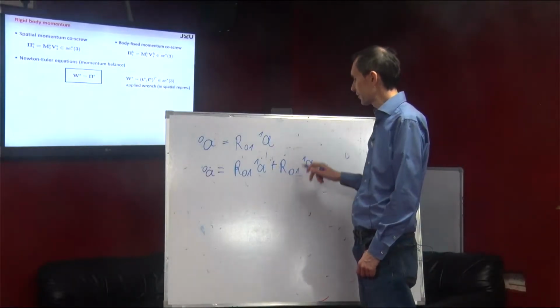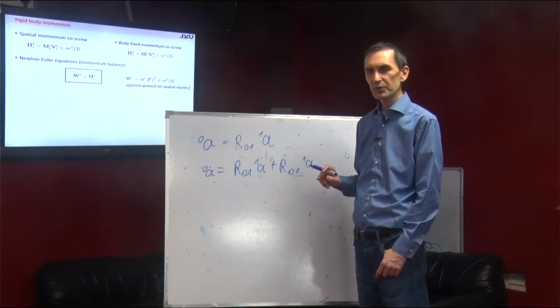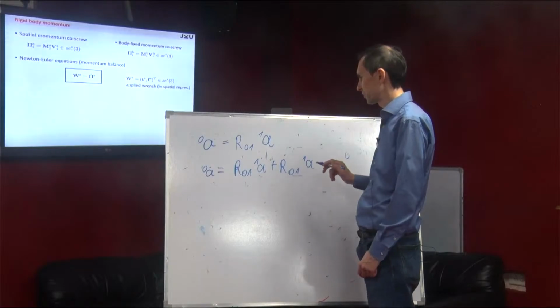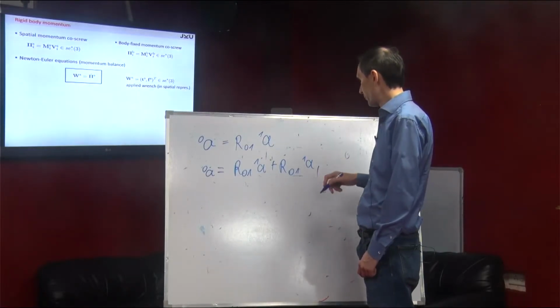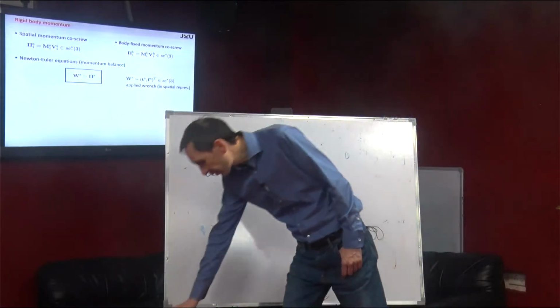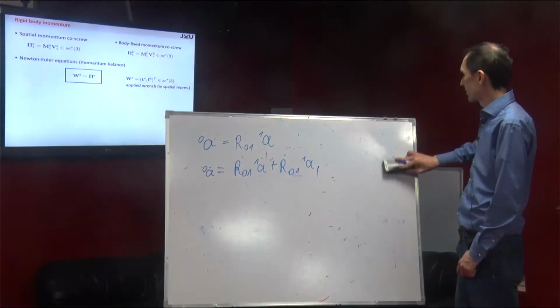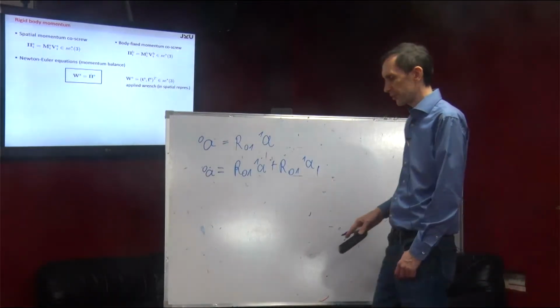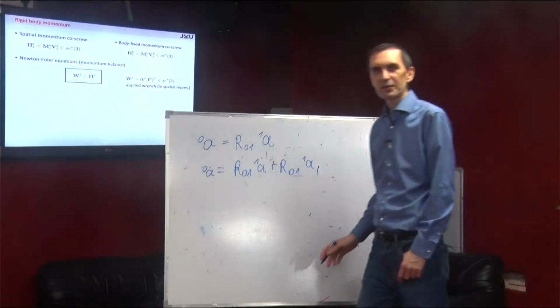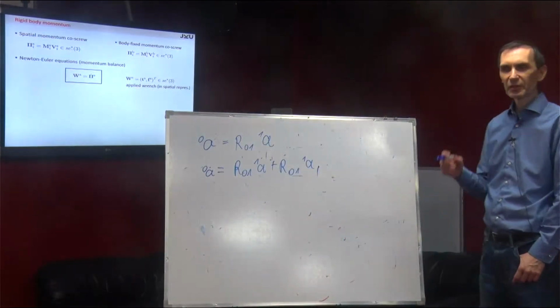This is not nice because time derivatives of rotation matrices are no good. But how can you express the time derivative of a rotation matrix in terms of some kinematic quantity that you know? That's a very good exercise question.